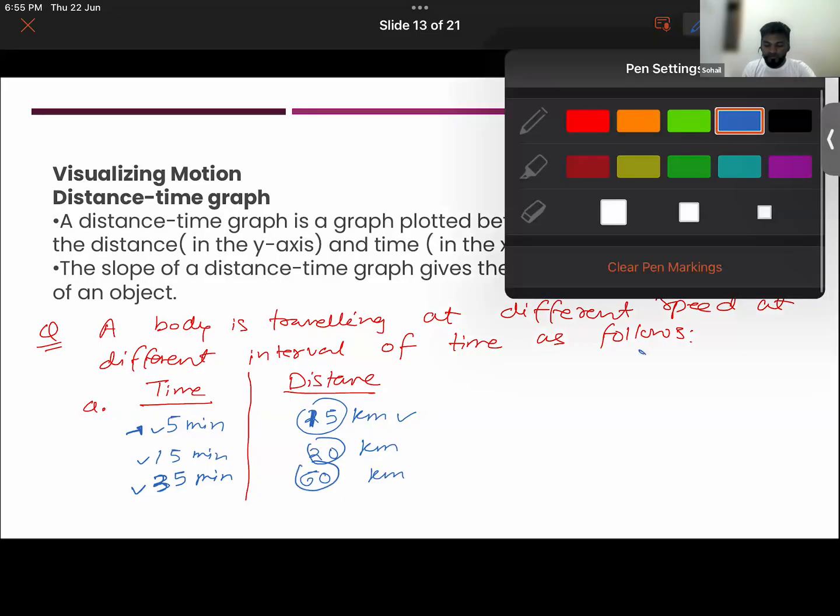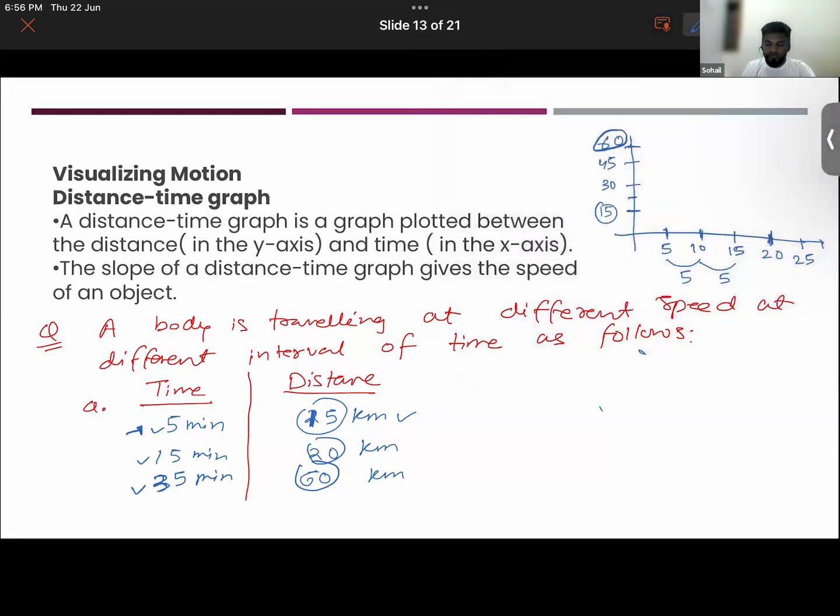Did you follow this? Very good. Once you complete it, send it on the number.